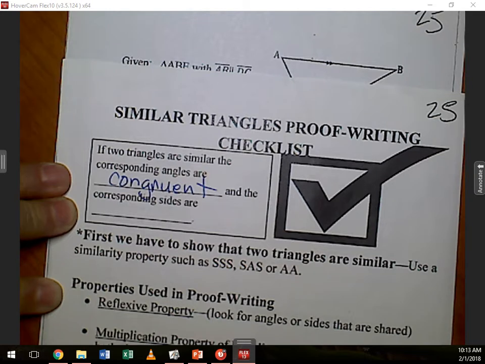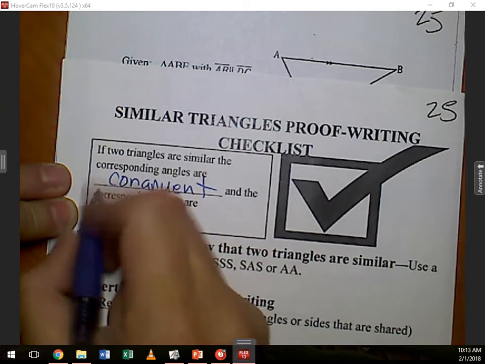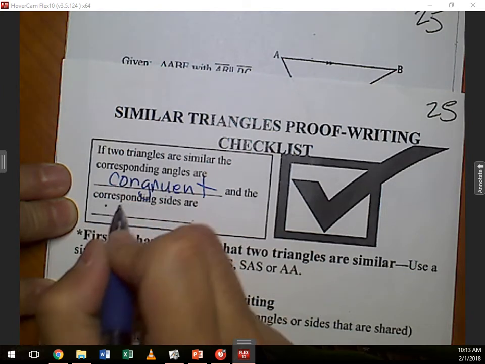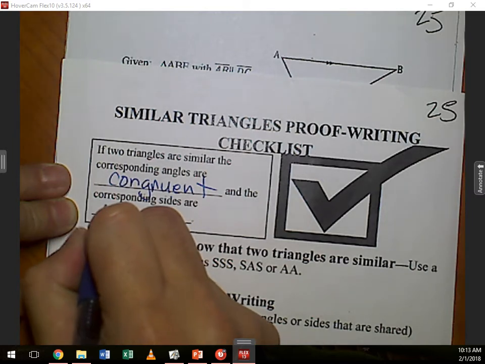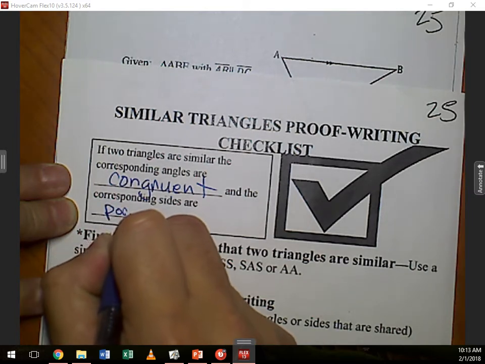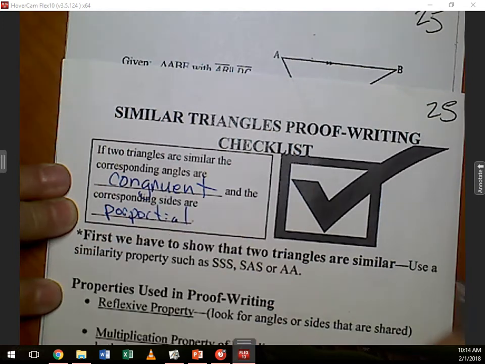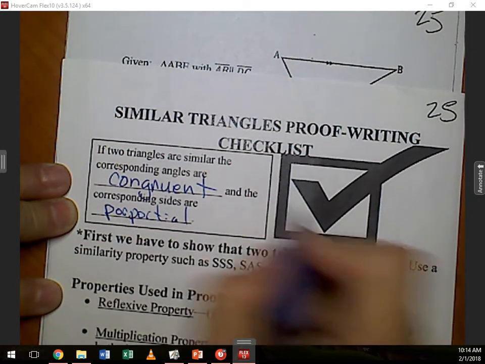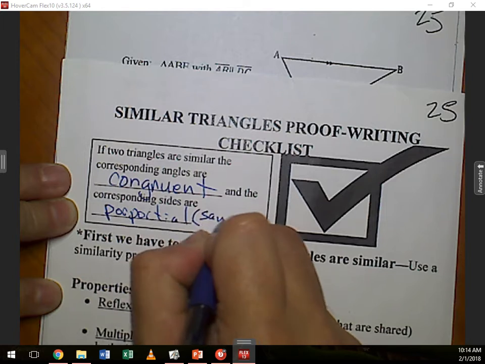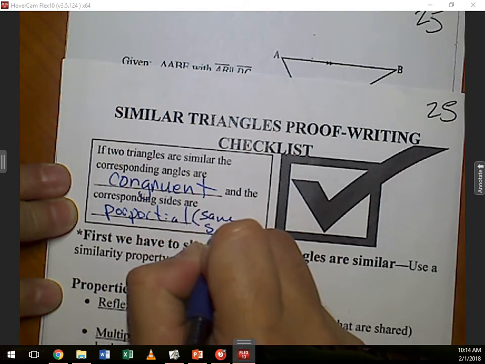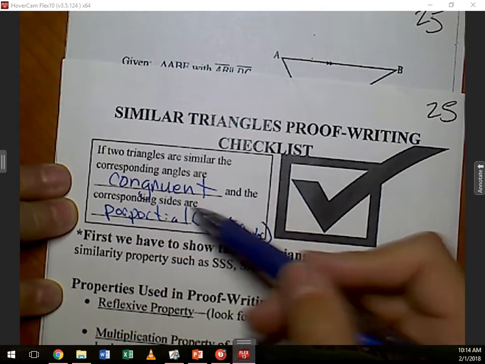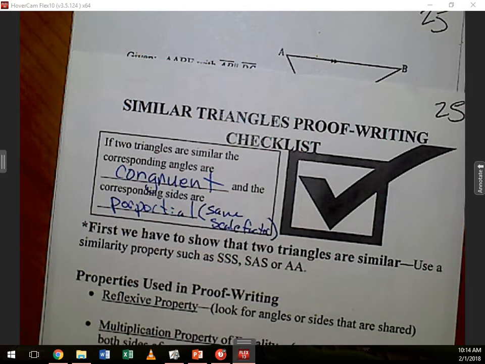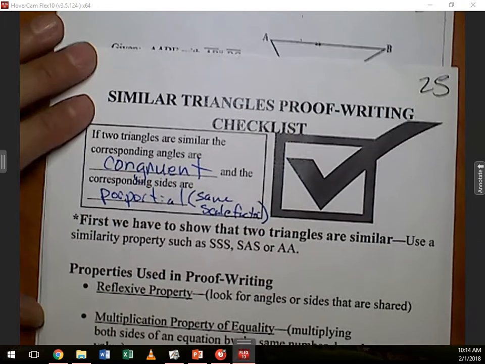And the corresponding sides, depending on which type of similarity we're using, are proportional, or the same scale factor. So proportional or same scale factor. Okay, so that's what we need from there.